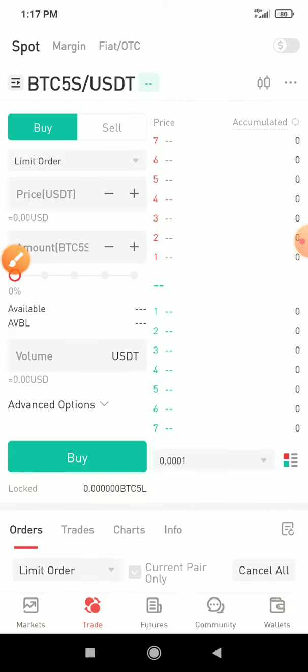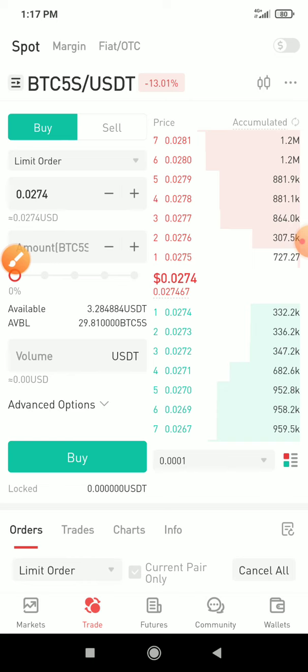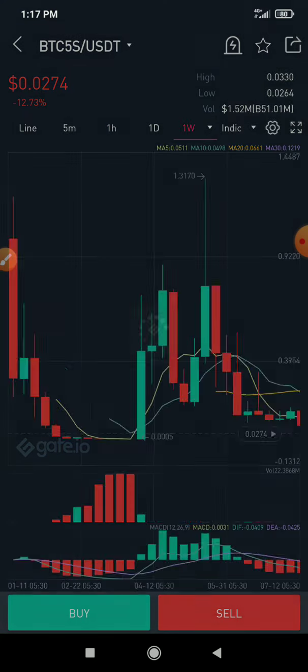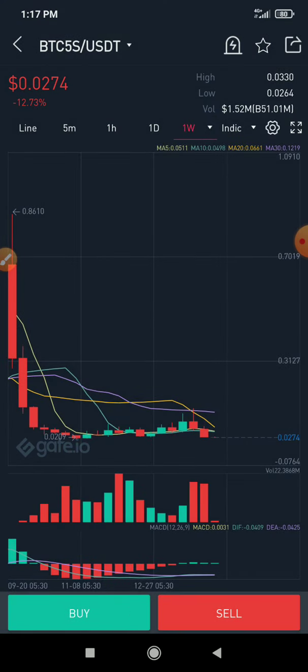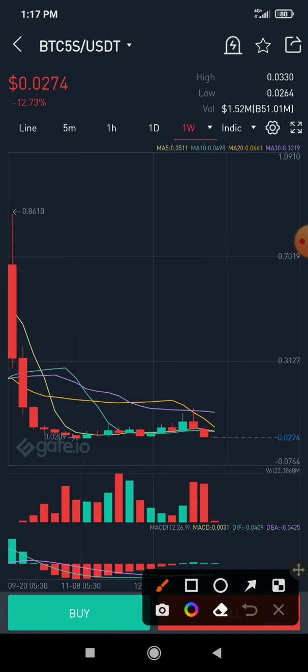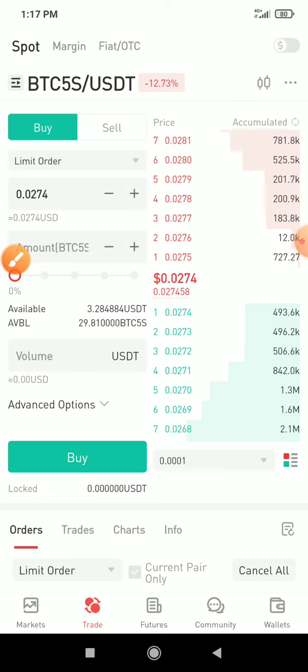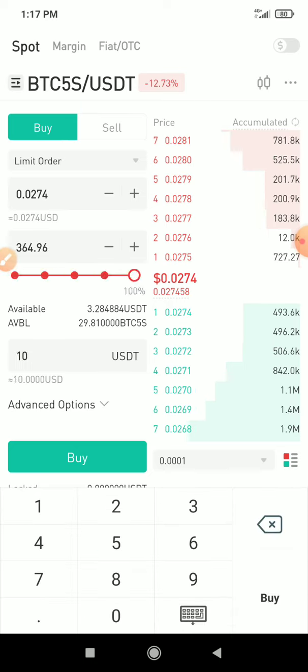If we go to the chart on a weekly basis, the highest price is 0.8. Now we have to buy the BTC short with only 10 USDT.